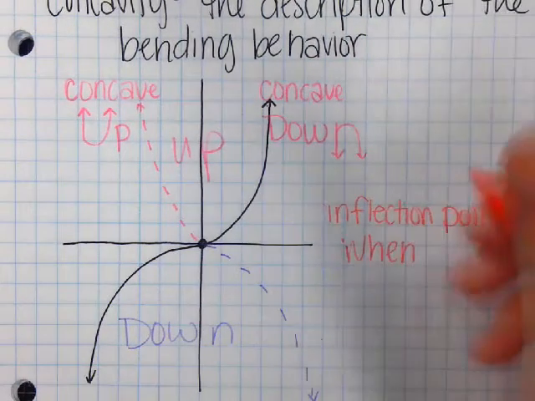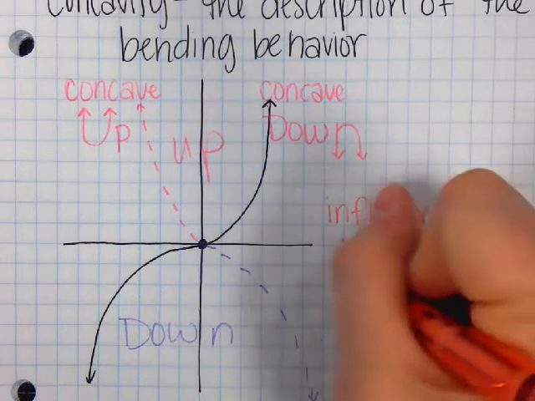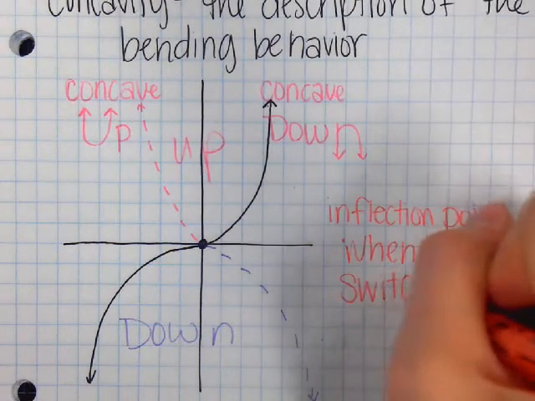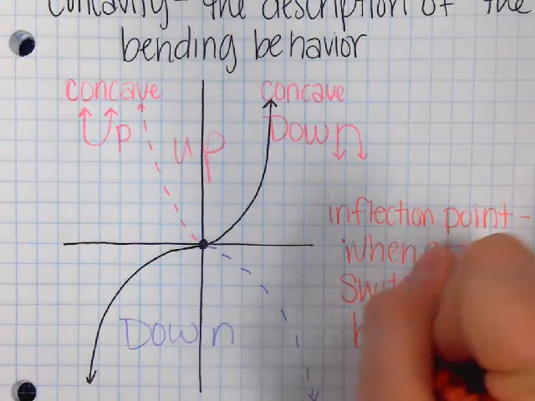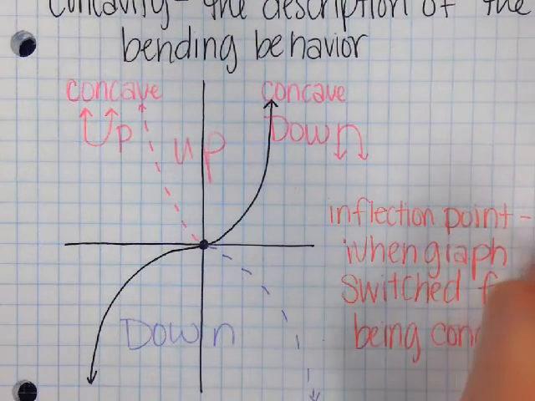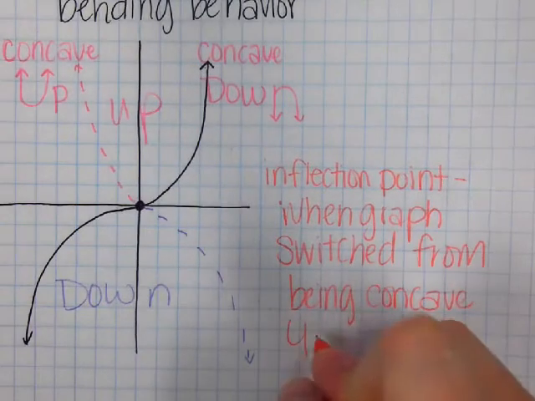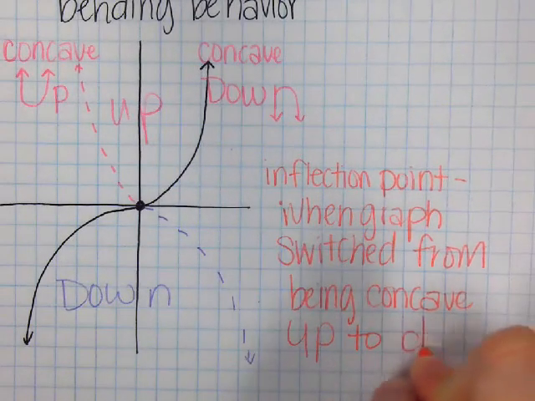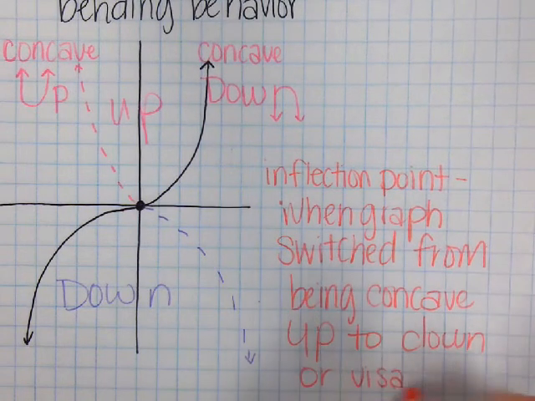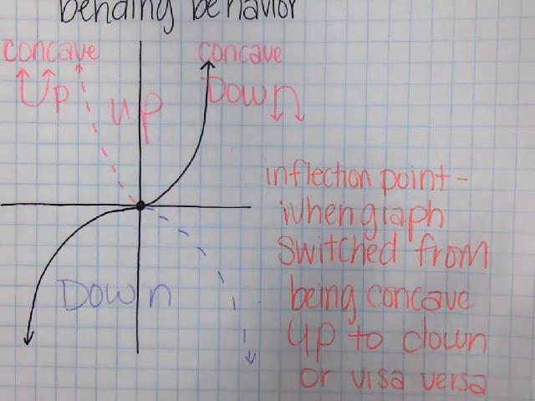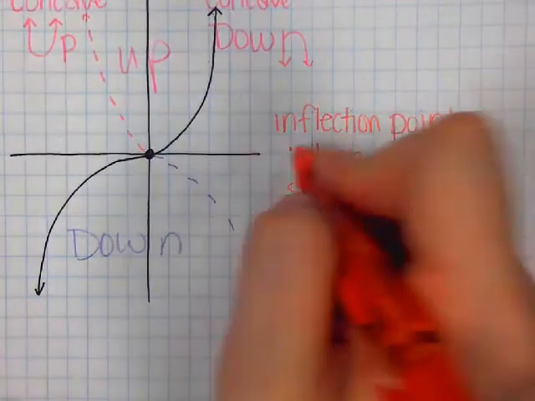And that's when the graph switched from being concave up to down, or vice versa.